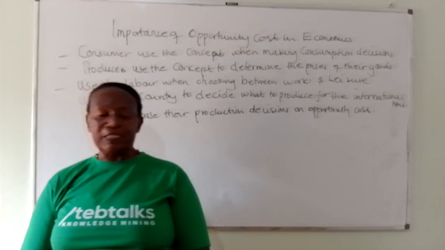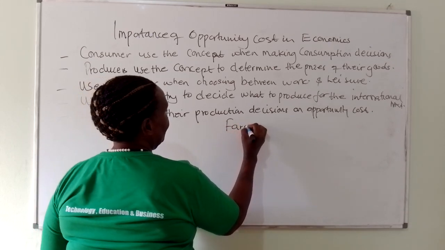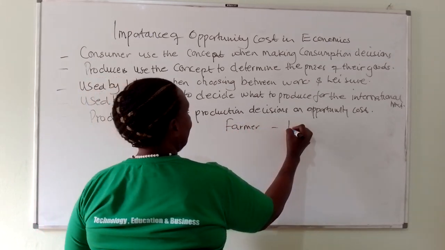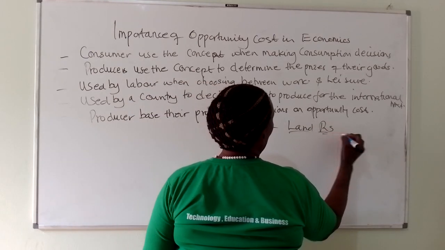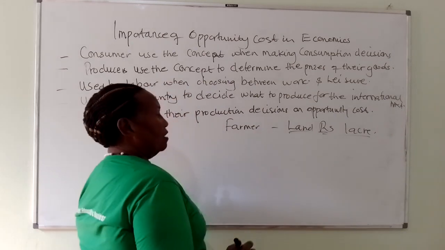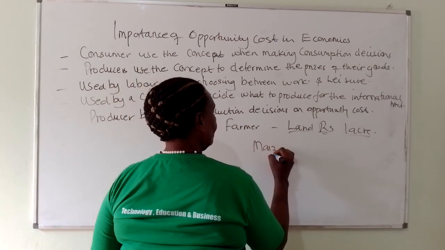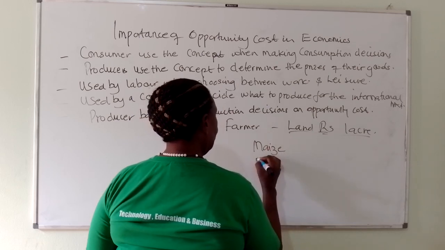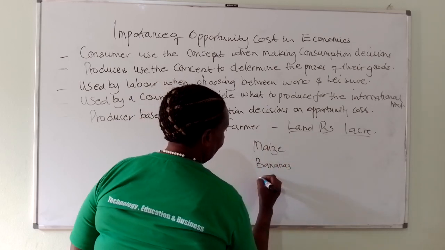The moment you use land, take an example of a farmer. You have a farmer and he has his land, which is our resource, and maybe it is 1 acre. And on that 1 acre, the farmer can either put there maize, or he can put there bananas, or he can put there a ranch.